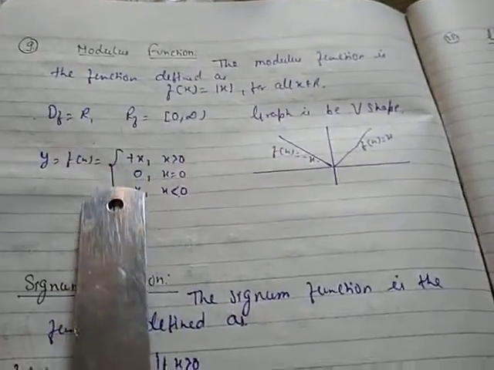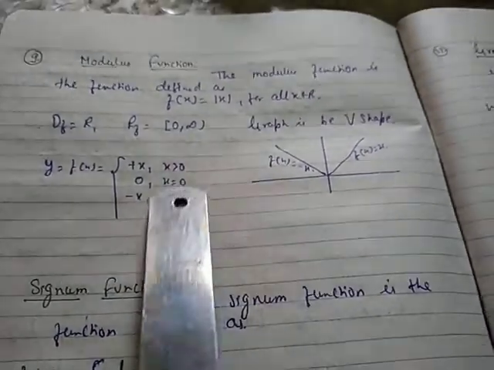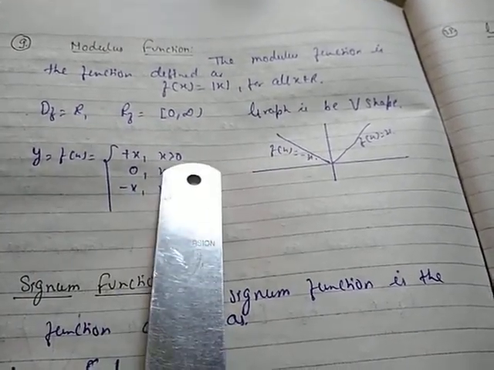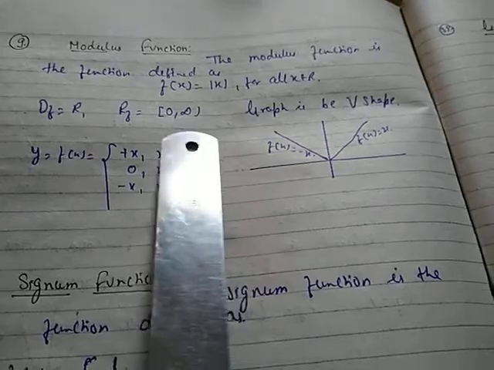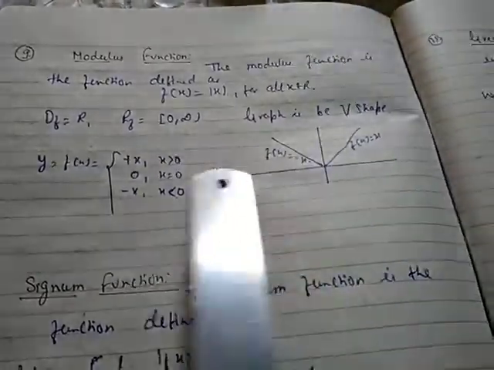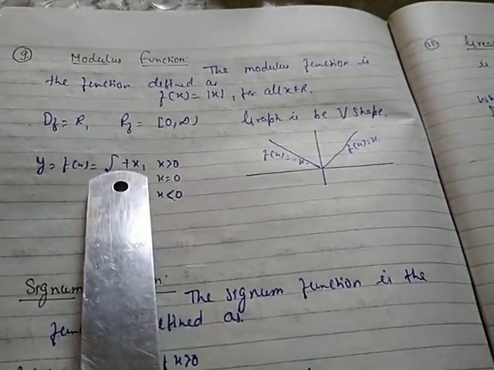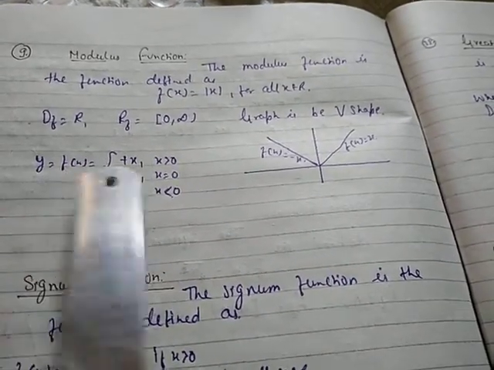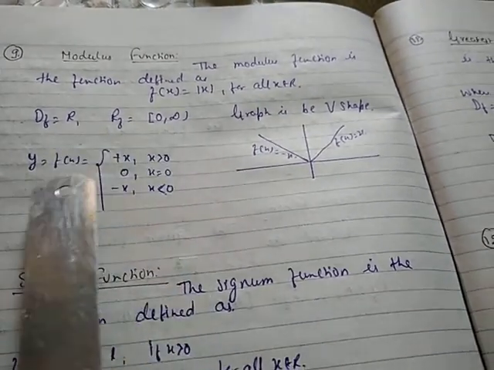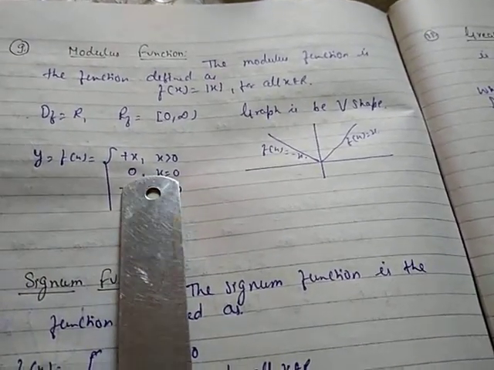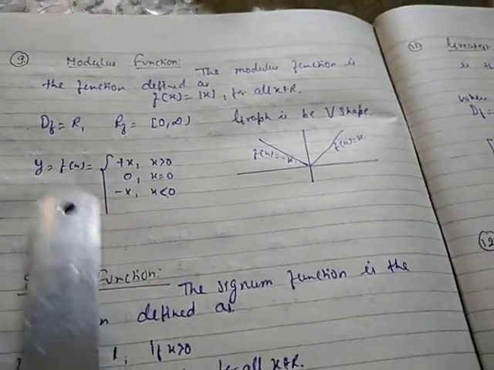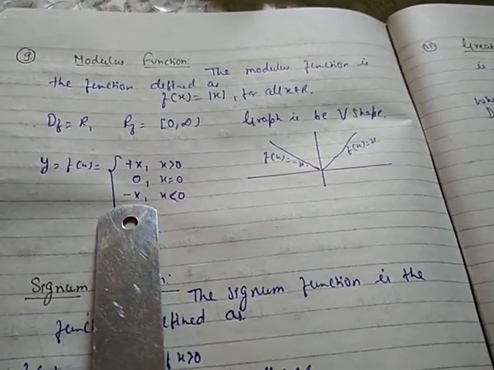Here the modulus function is segregated into 3 parts. When x is greater than 0, meaning you are taking values of x greater than 0, like 1, 2, 3, 4, the function will be considered as y = x. If x = 0, the function is y = 0. And if x is less than 0, the function is considered as y = -x.